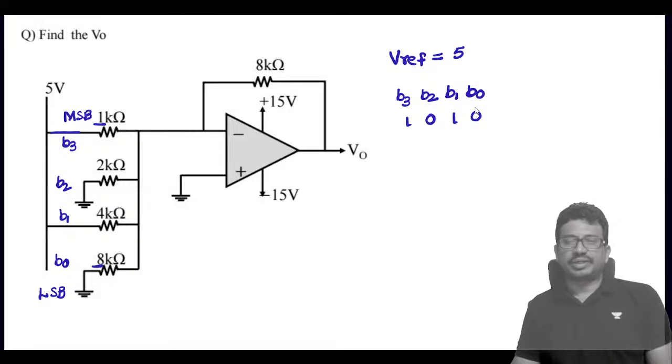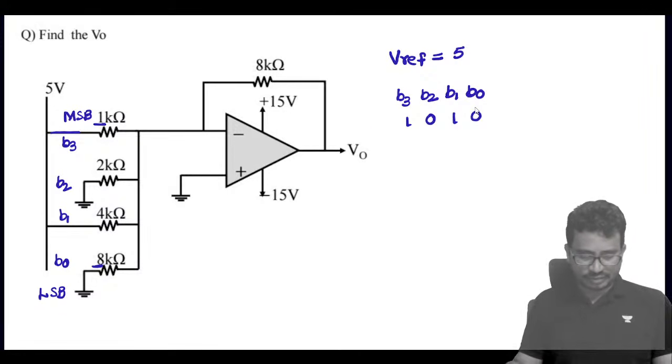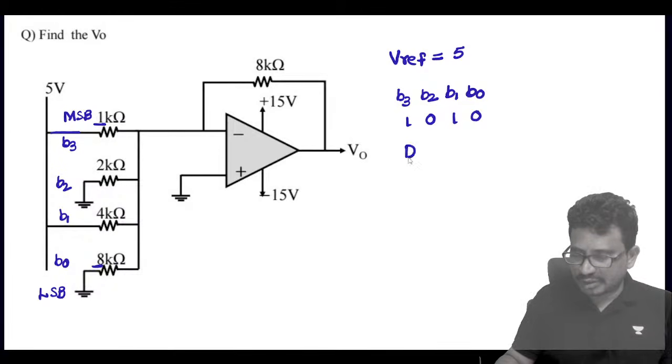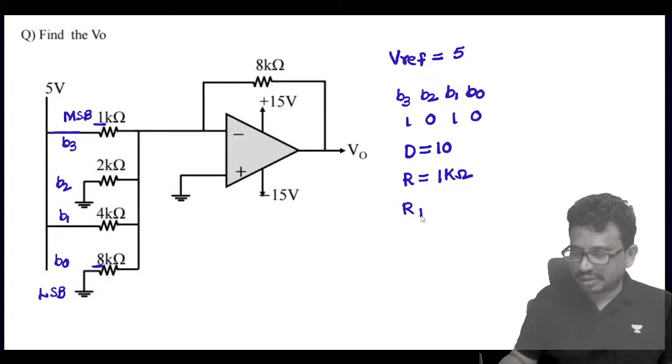This is 10. The decimal equivalent is 10. Yeah, we'll cover it. So from this decimal equivalent, which is equal to 10, the R value is equal to 1K and the feedback resistance RF is equal to how much now? 8K.